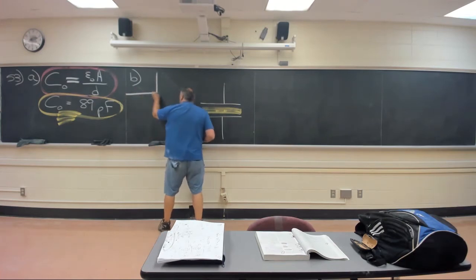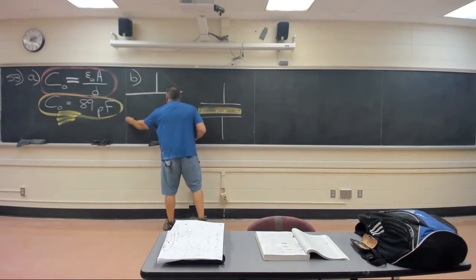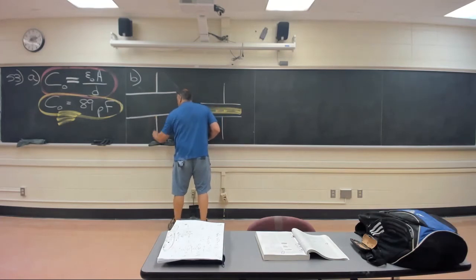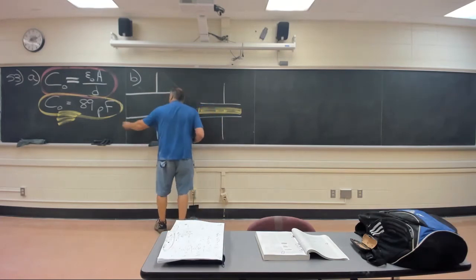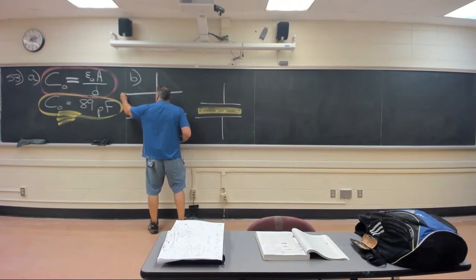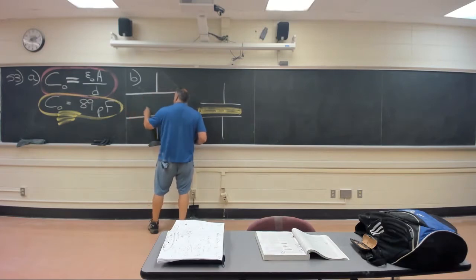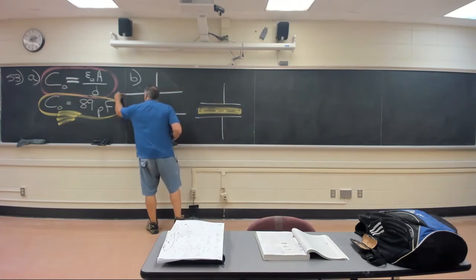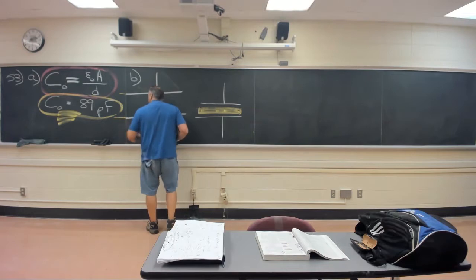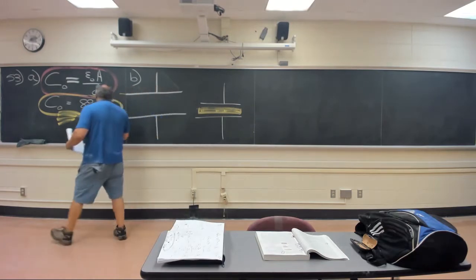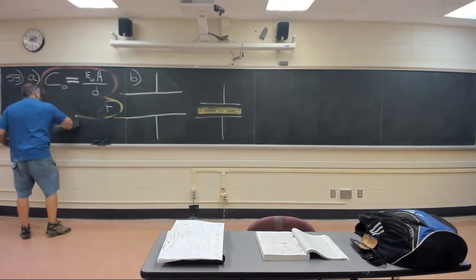We've got this cross-sectional view, and this is the 1.2 centimeter separation. The dielectric fits on top of one plate or the other, and the distance here is 1.2 centimeters. So we've got the answer to that one.